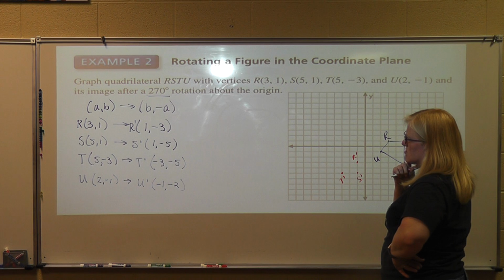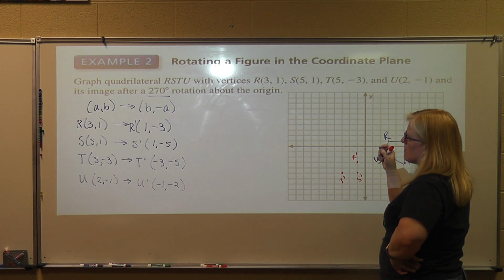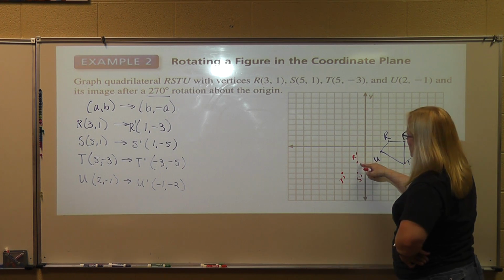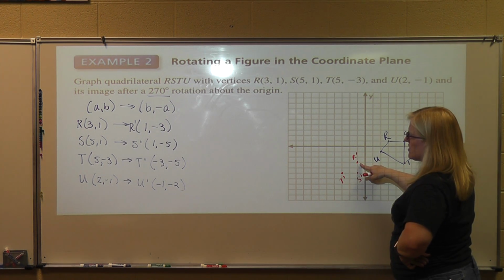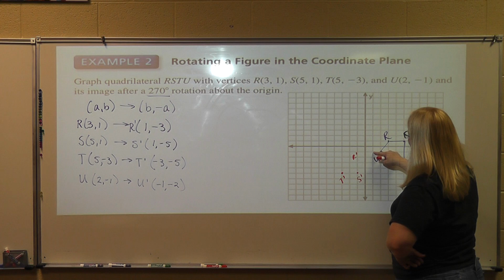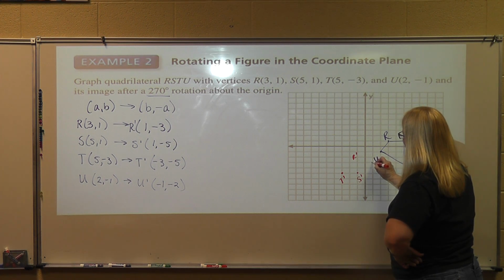What did I do wrong? B gets switched, and A becomes negative. Negative 1, negative 2. Oh, R is 1, 1. Good, I'm glad I made that mistake.